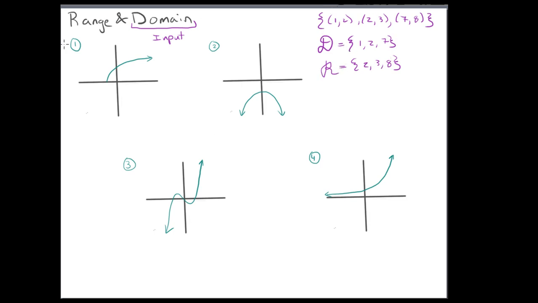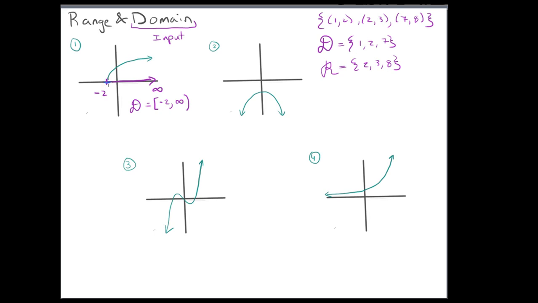Domain versus range. So for number 1 right here, my domain starts over here at, call it -2, and then it's just going to keep going to positive infinity. And since this seems to be closed, this seems to be in it, I'd say my domain is [-2, infinity). What about the range?